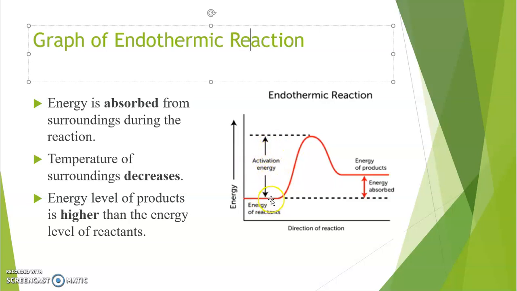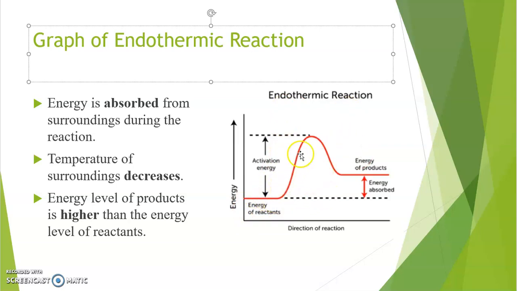Reaction starts, the bonds in the reactants break, it reaches the activated complex, and then bond formation in the products starts happening. The energy of the products is higher than the energy of reactants, which is a property of endothermic reactions.